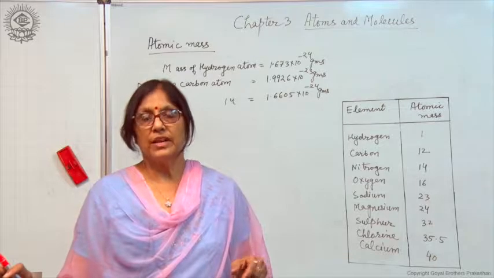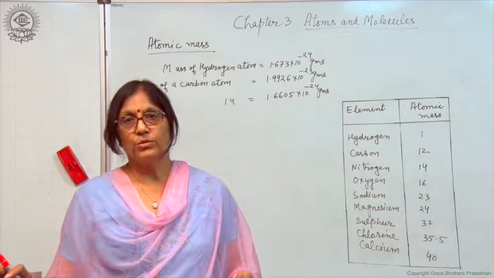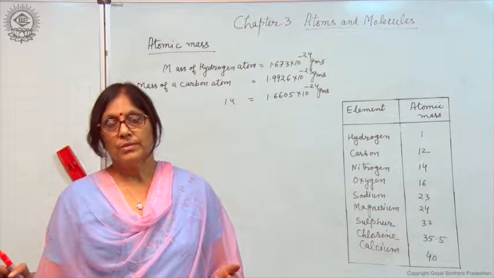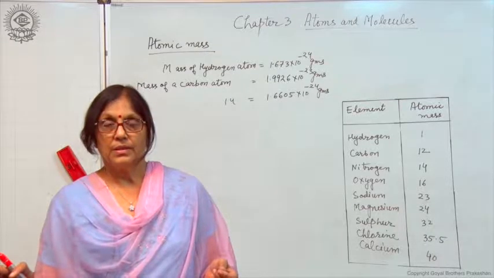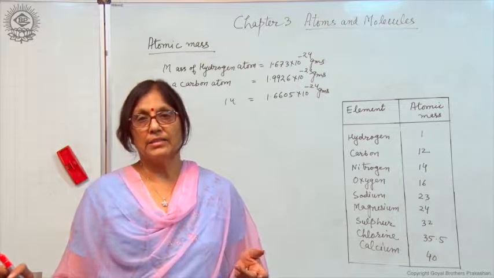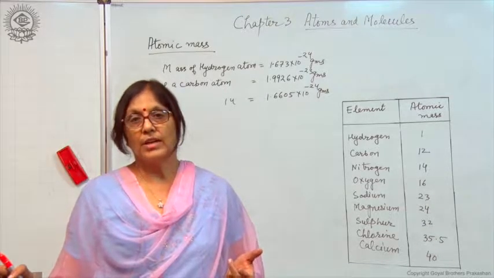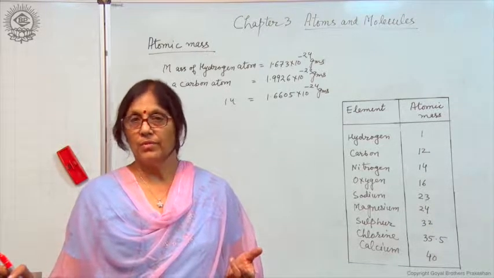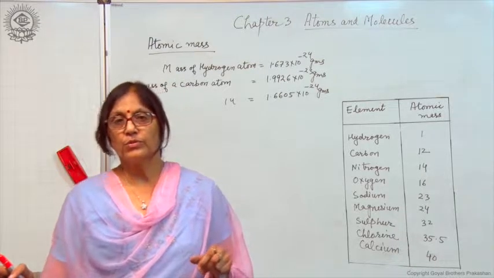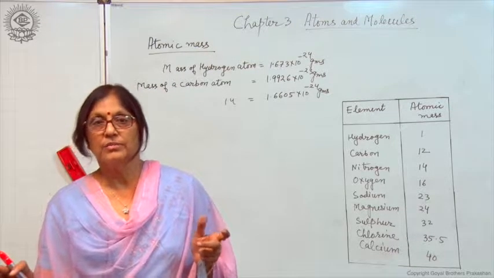This encouraged the scientists to find out the actual mass of an atom. Because the atom is very small in size, it is not at all easy task to find out the actual mass of an atom. Nowadays, of course, it has been found the actual mass of an atom is very, very small.